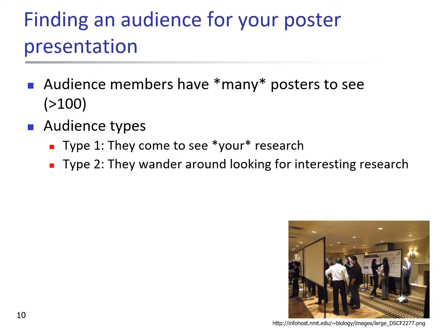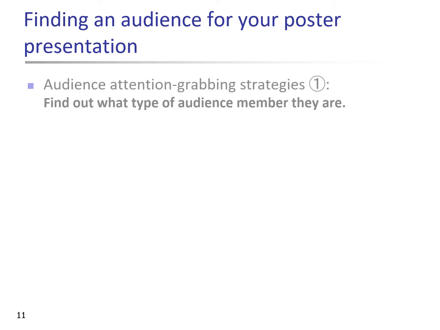The most common type of audience are people that are wandering around the poster session looking for interesting research. They don't know what's there, and they will walk past your poster and hopefully they see something interesting and come and talk to you. So it's very important to establish some attention-grabbing strategies.